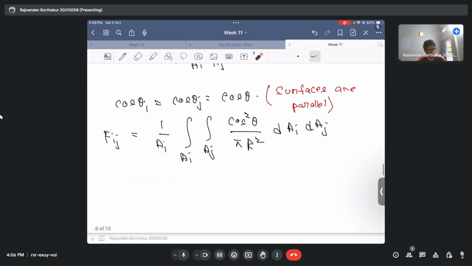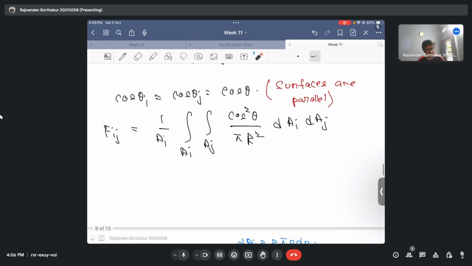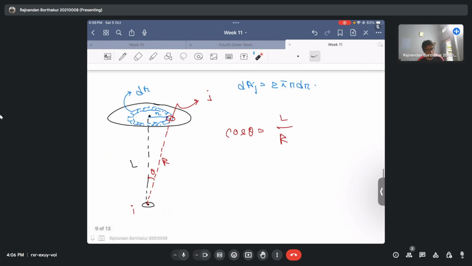Because remember, this form of view factors is true for differential surfaces only. So since my disk is a generic disk, I need to take a strip on this and calculate the fraction of radiation leaving this surface i that will be intercepted by this generic surface, and then I will integrate it over the entire radius of the disk.